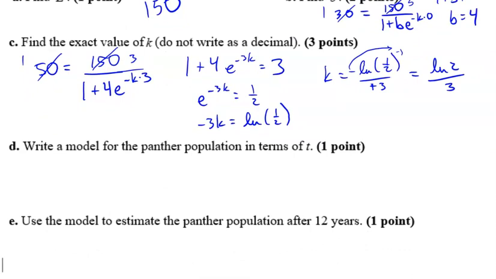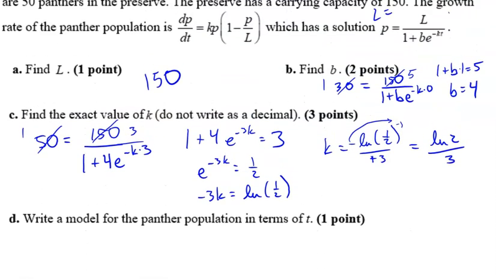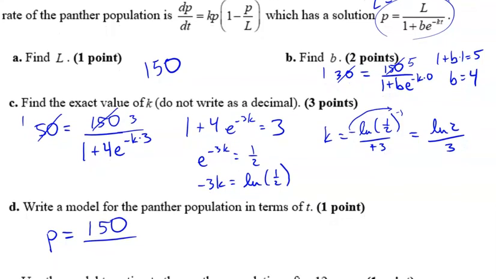Okay, then write a model for the population. This is asking us to plug the values we just found back into this solution right here. So that is going to be P equals the carrying capacity, 150, divided by 1 plus, and then B is 4, and then e to the negative natural log 2 over 3 times t. If you want to simplify that, you can.